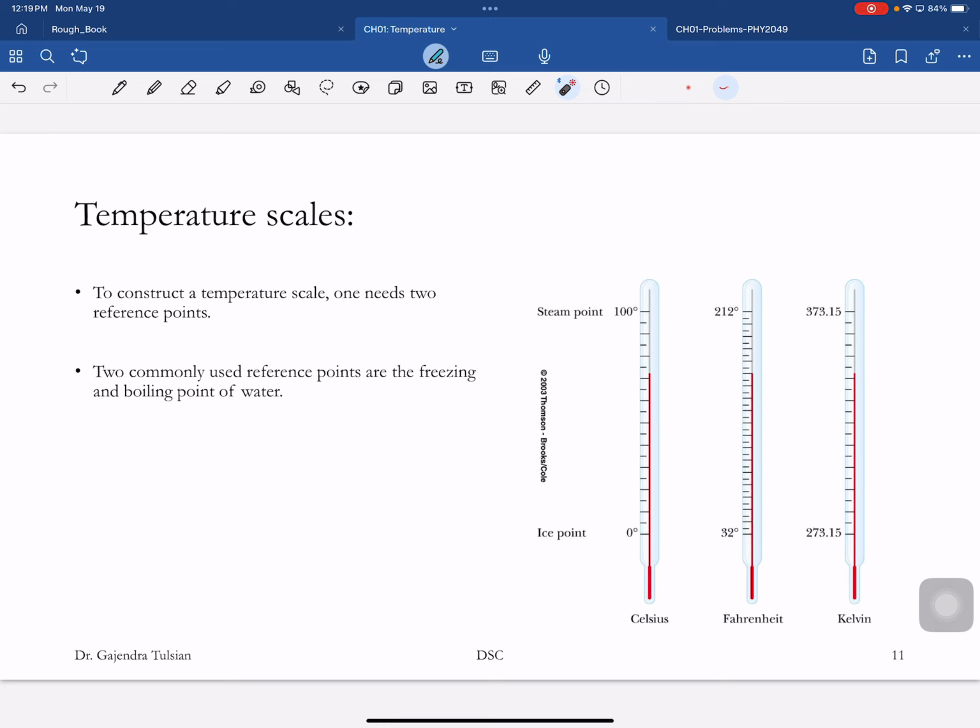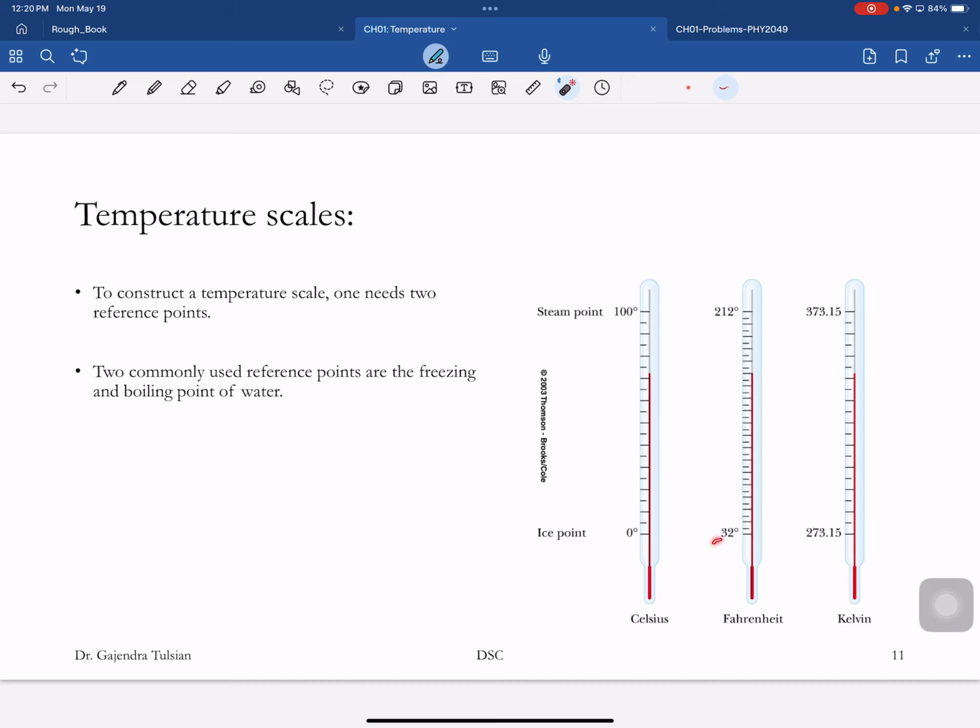And now to make a scale, you can make any scale you want. You can call this anything you want, and that anything you want. If you want a finer scale, you'd call this 0 degrees, and you would call this 1,000 degrees. Anyway, these Celsius guys call this 0 degrees Celsius, 100 degrees Celsius.